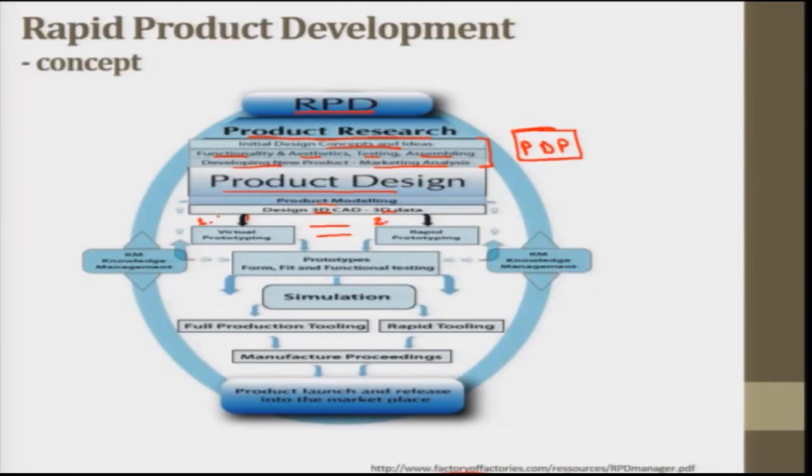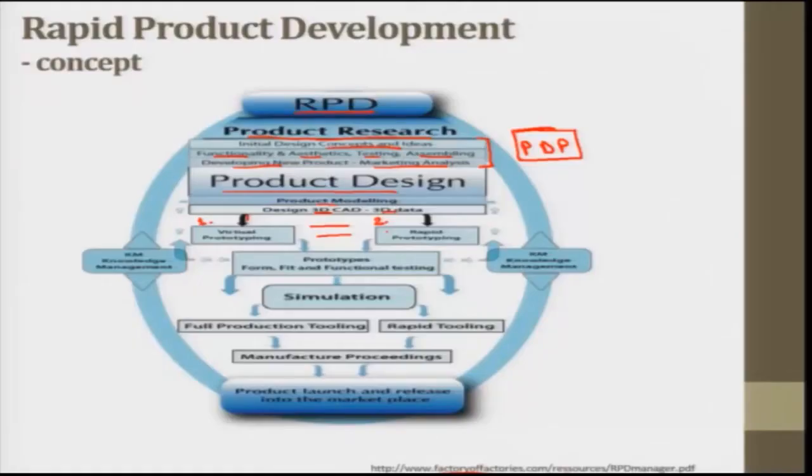Virtual prototyping is finite element analysis or computational fluid dynamics or certain other computer-aided engineering that we do only on the computer without actually producing the product. That is virtual prototyping. Rapid prototyping is actually manufacturing the product and testing it in realistic or controlled laboratory conditions. So these two things can happen.